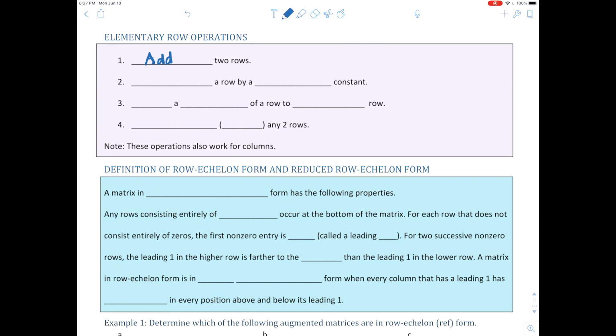You can multiply a row by a non-zero constant. You can add a multiple of a row to another row. And you can interchange, we usually just say swap, any 2 rows, or columns, actually. All of these work for columns as well.